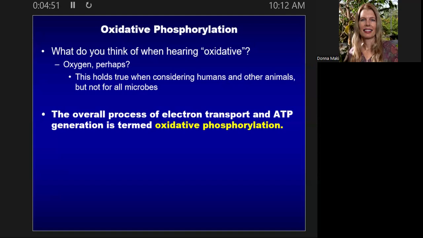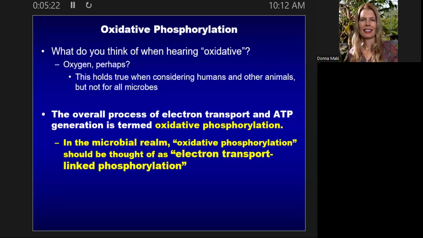We call it oxidative phosphorylation, but I need you to be aware that when microbes do it, oxygen sometimes is not involved in this process. We have oxygen sitting at the end of our electron transport chain. Some microbes do that and some don't. So it's a bit of a misconception. I don't want you to equate oxidative phosphorylation in this class with oxygen. You have to separate those two.